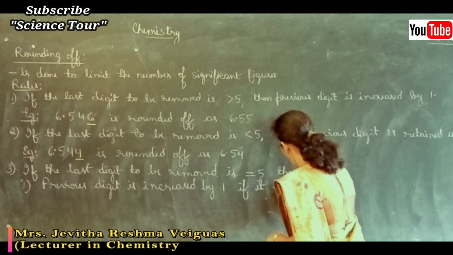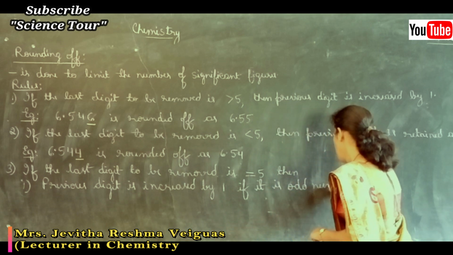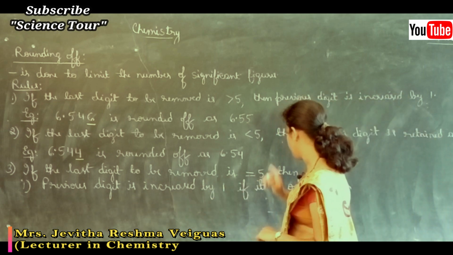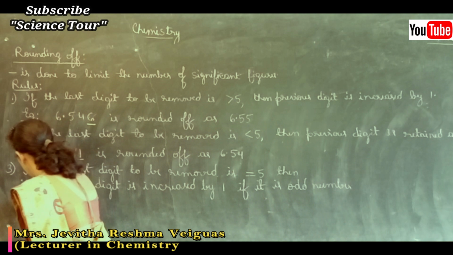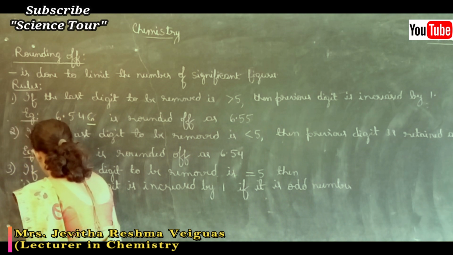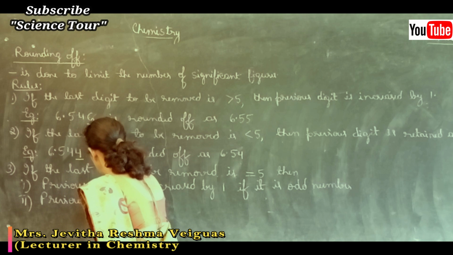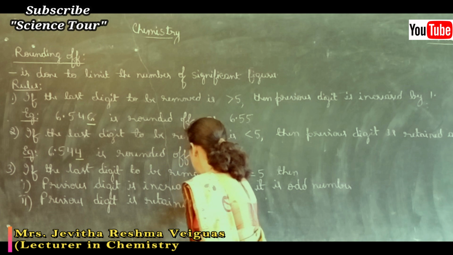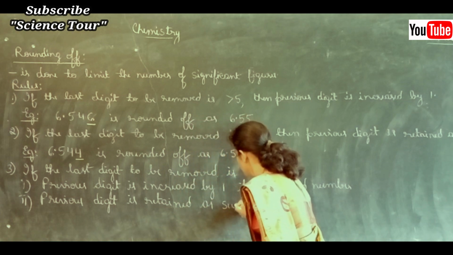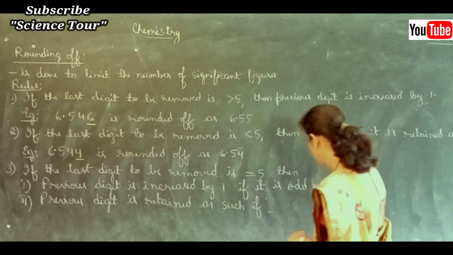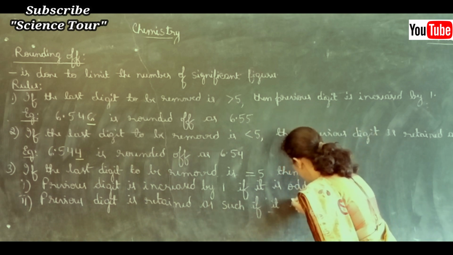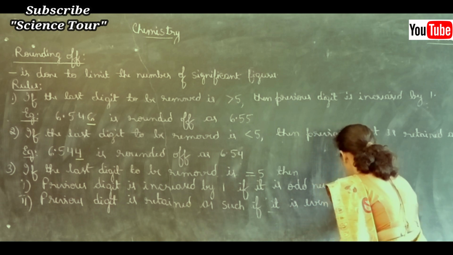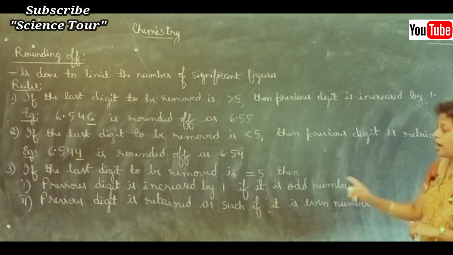If the previous digit is odd and the digit to be removed is equal to 5, the previous digit is added by 1.